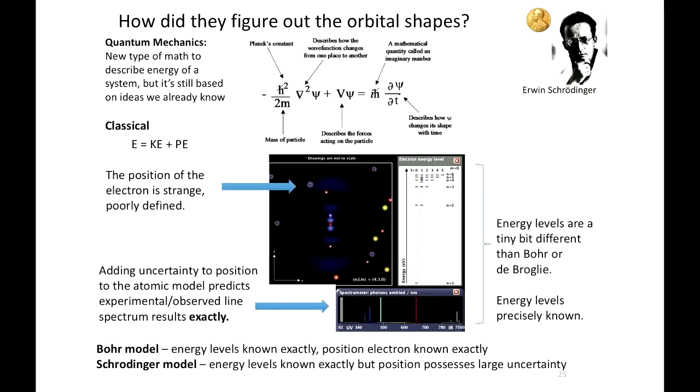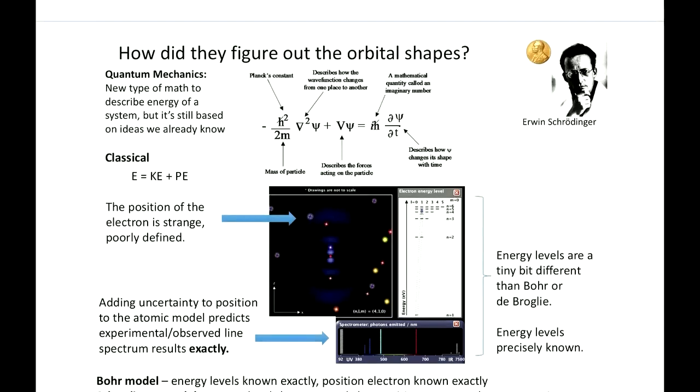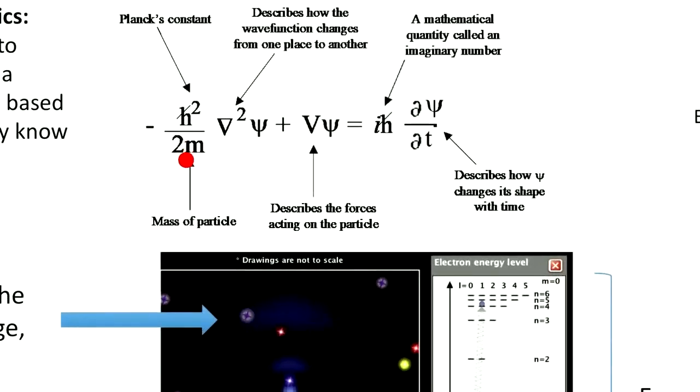So Erwin Schrödinger took the ideas that electrons are both particles and waves, took the idea of Heisenberg's uncertainty principle, used a new type of mathematics, quantum mechanics, to solve for where you will find an electron on this atom. So this is the Schrödinger equation, all right? Where obviously I don't want you to memorize this equation. The equation is not important. What is important is the solutions that come out of the equation.